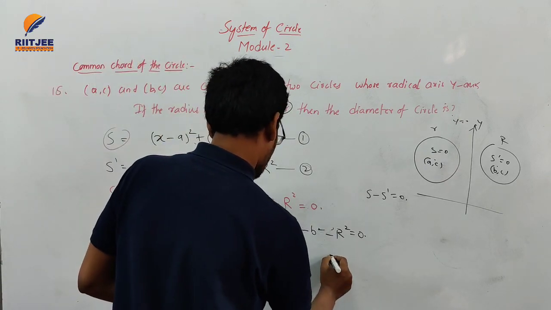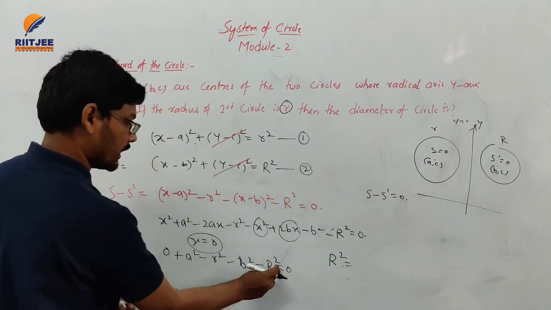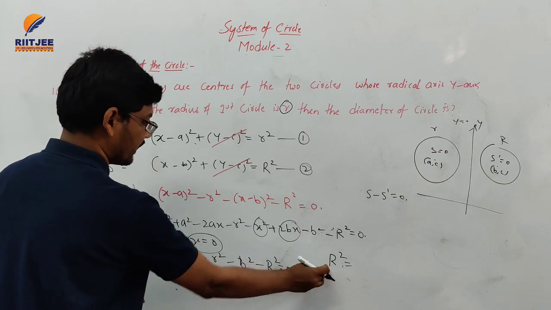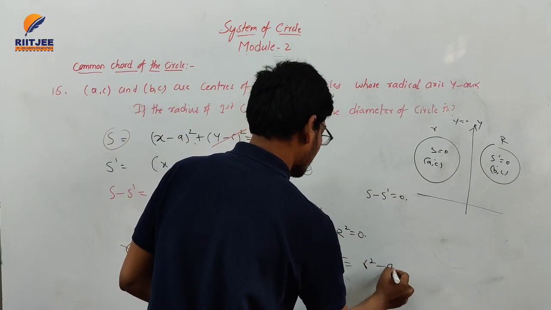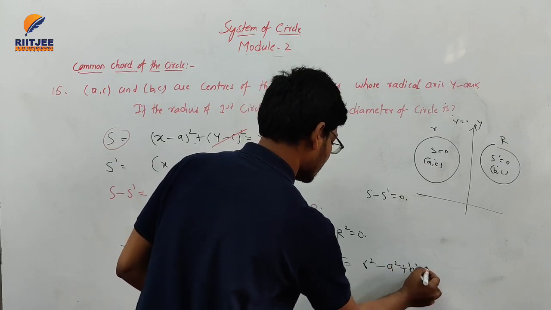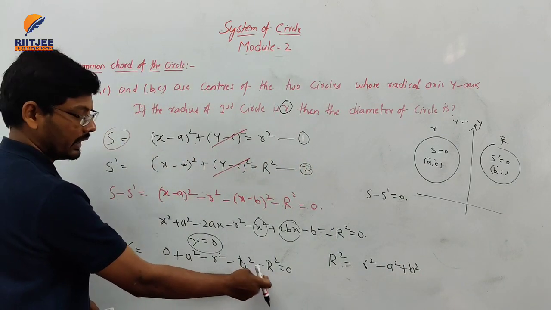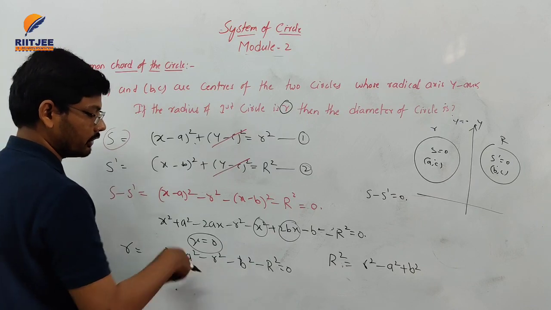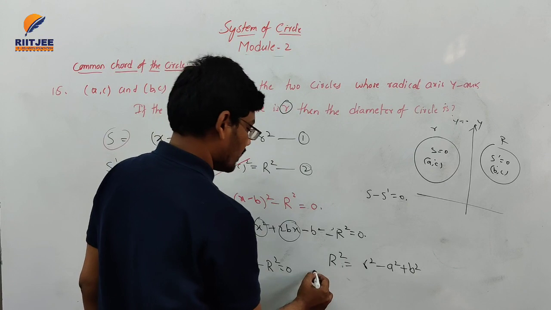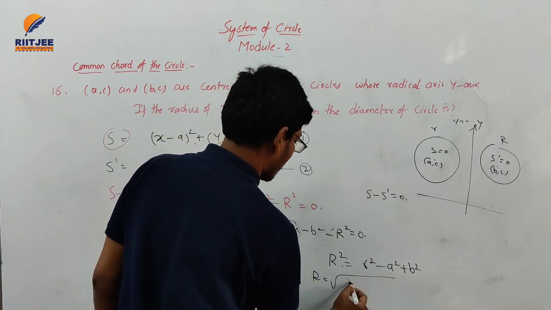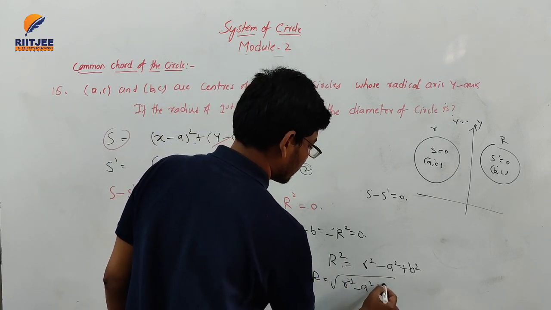Next, R square, I am taking this r square to the left hand side, sending all the terms to the right hand side. That will become r square minus a square plus b square. Then R is equal to square root of r square minus a square plus b square.